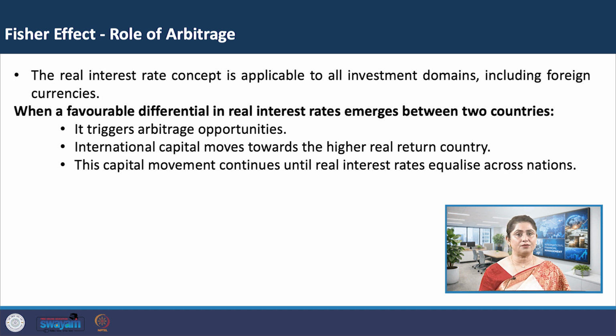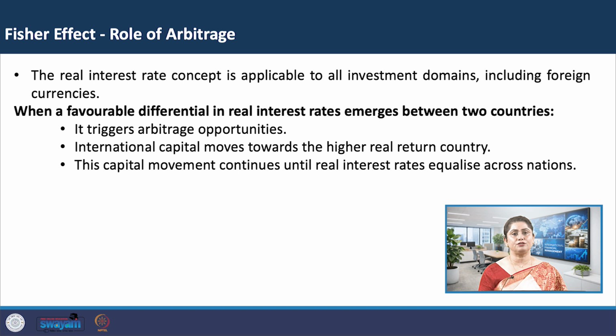What do rational investors or arbitrageurs do? They will move capital from the US to India, seeking the higher real return. This flow of international capital will continue as more capital enters India. It pushes up prices and reduces the real return available. As capital leaves the US, real return gradually rises.